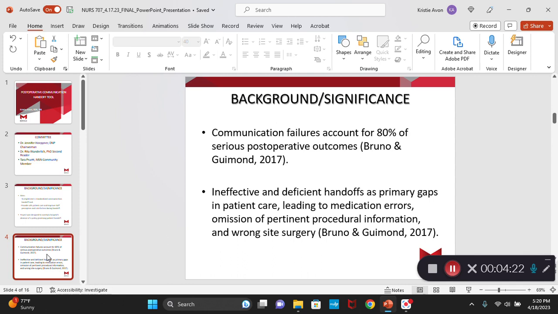Basically that's saying that nurses or anybody giving a report has this false idea that giving a verbal report is sufficient data and at low risk.